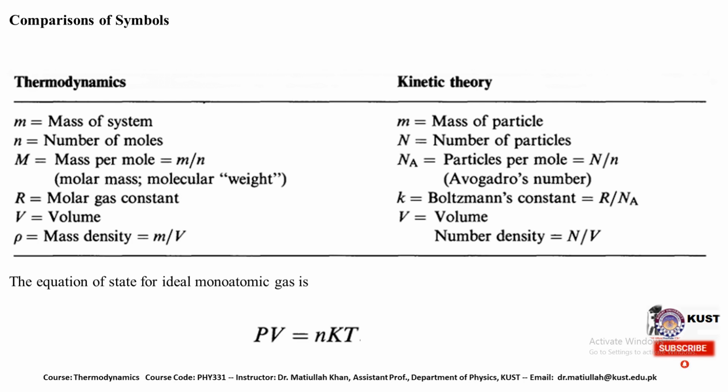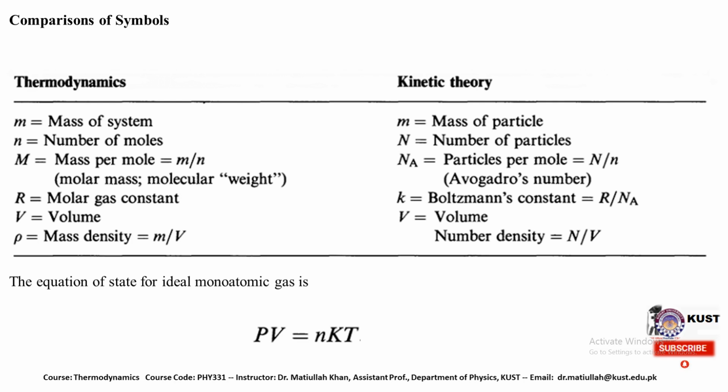Looking at the density, it is a bit different in the two. In thermodynamics, the density is represented by rho, the mass density, which is the mass per unit volume. In kinetic theory, it is the number density, which describes capital N divided by V. So this describes a comparison between classical thermodynamics and kinetic theory.